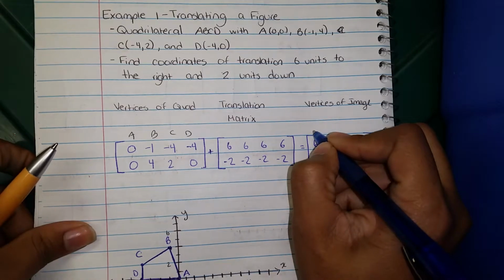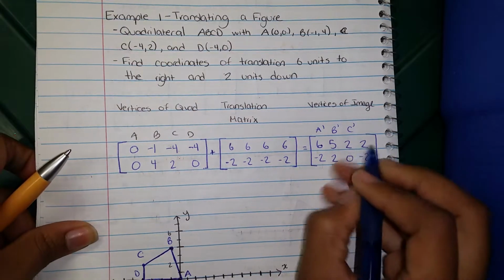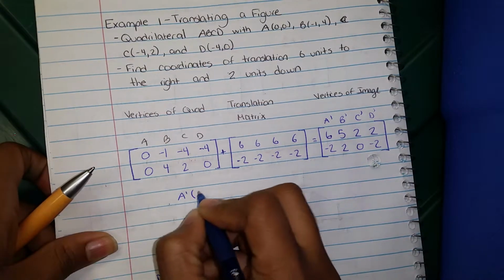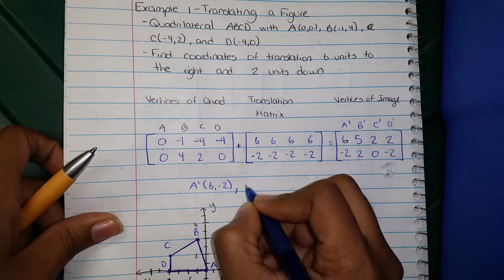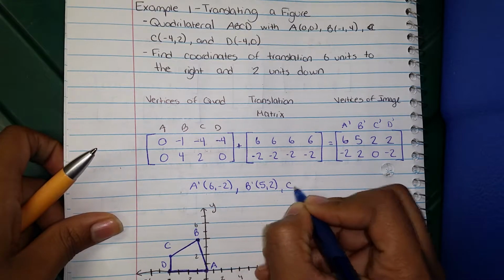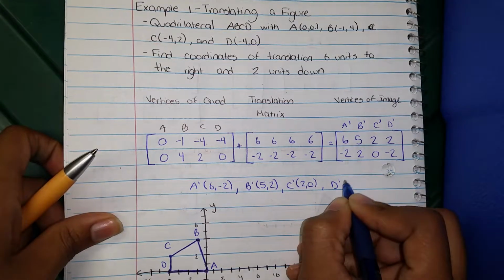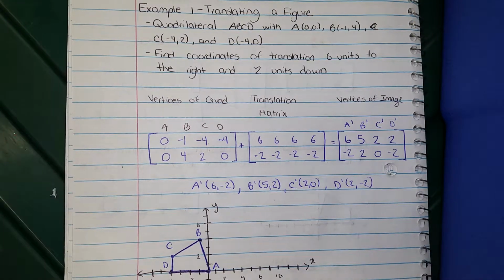So we then call this A prime, B prime, C prime, and D prime, which would make A prime 6, -2. B prime would be 5, 2. C prime would be 2, 0. And D prime would be 2, -2. Okay? So what would that look like here?